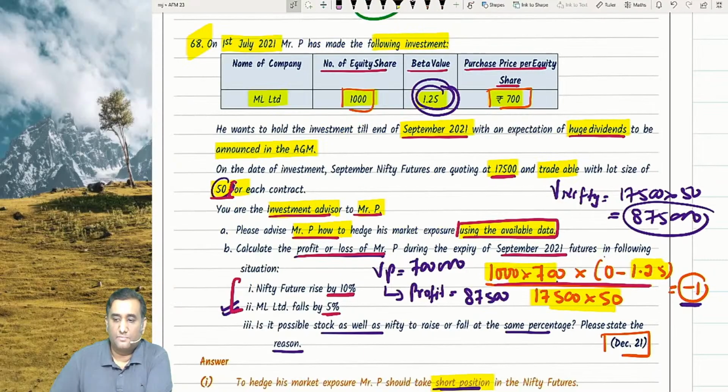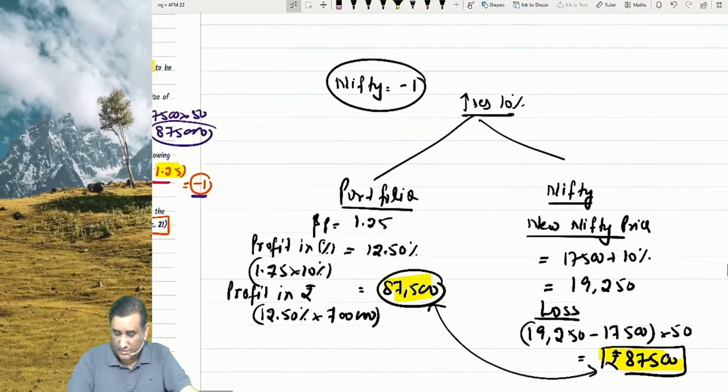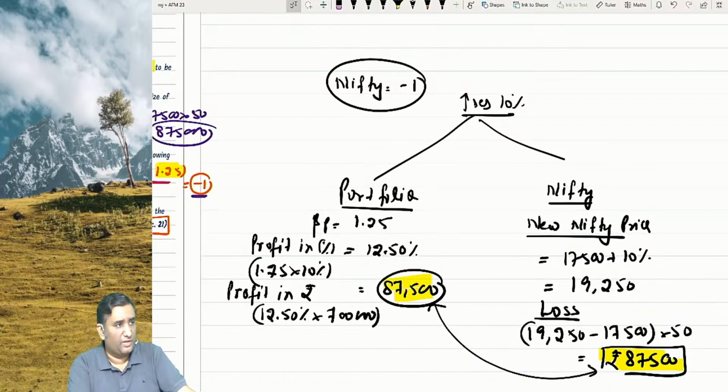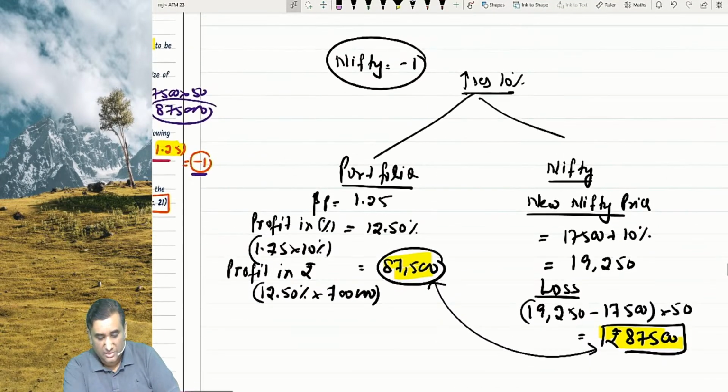Nifty changes by 10%, it rises by 10%. Let me show how much you are getting, 500 profit. A fair answer, also a shortcut. Exactly what will happen: it increases by 10 percent.